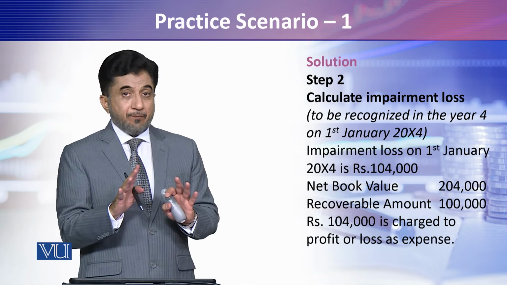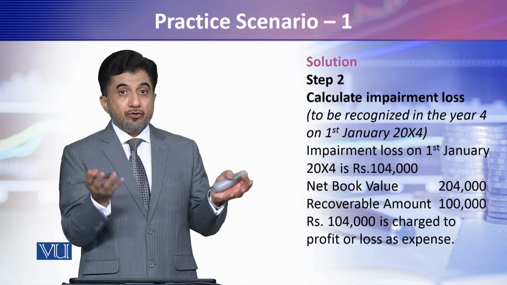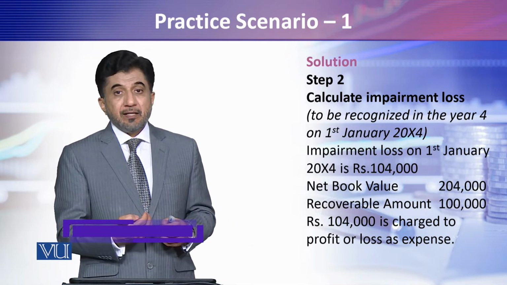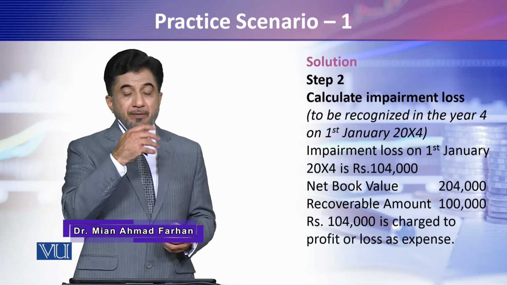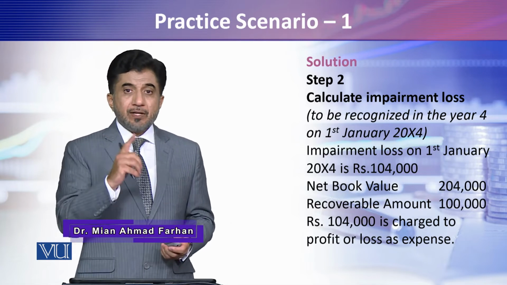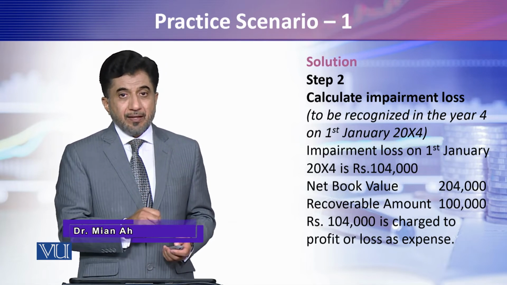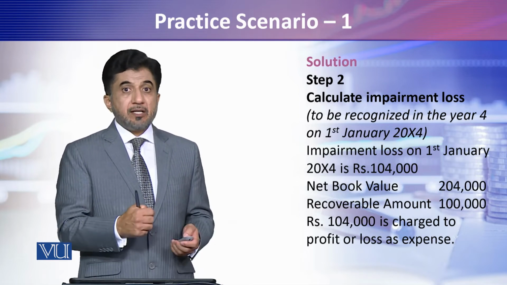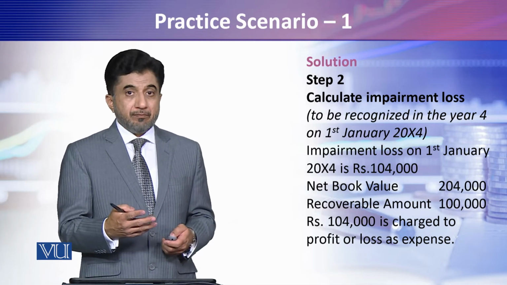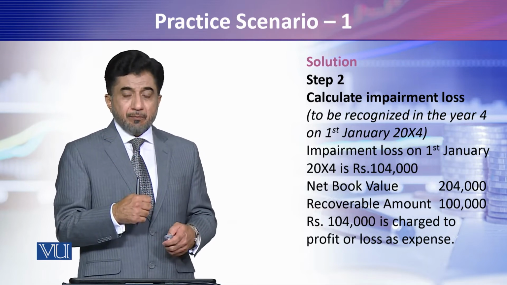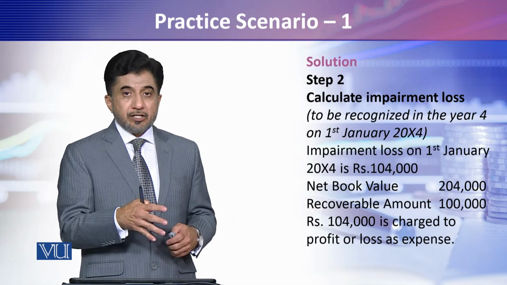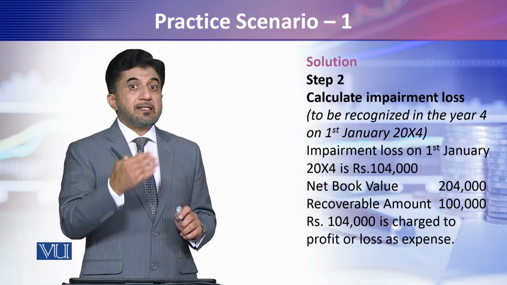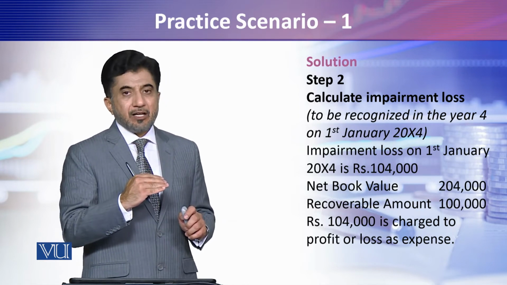After understanding this step 1, in which we worked out the previous 3 years' accumulated depreciation, now comes the accounting for impairment. What happened on 1st January 20x4? The asset was tested for impairment to assess its recoverable amount. There were some indicators based on which we worked out its recoverable amount and found that it is lesser than its carrying amount.